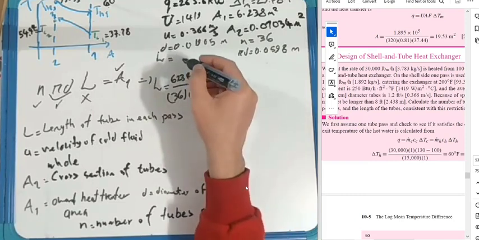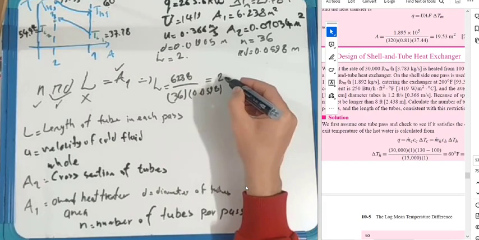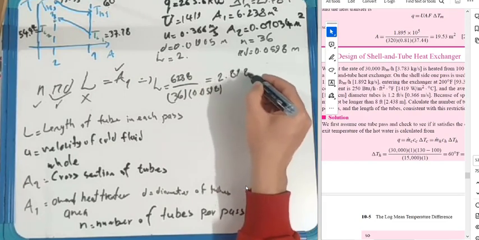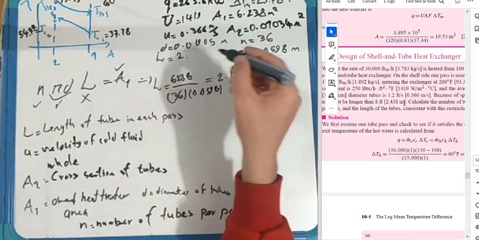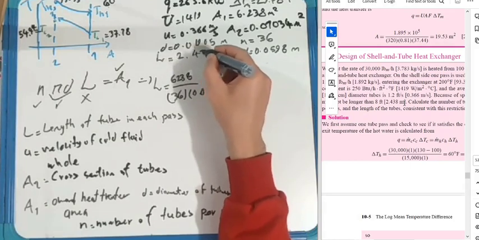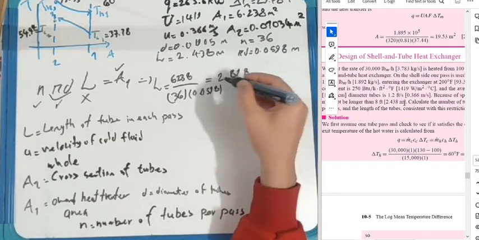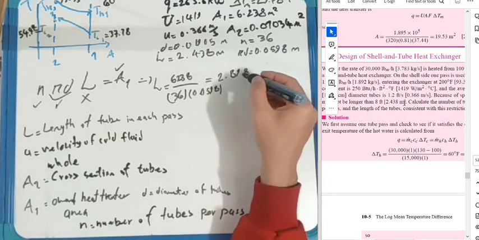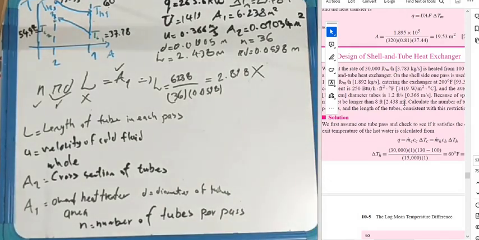Okay, it would be 2.898. But as we have a restriction here, 2.438 meter is the restriction, but this value, this L, is greater than that. Then we cannot accept that.